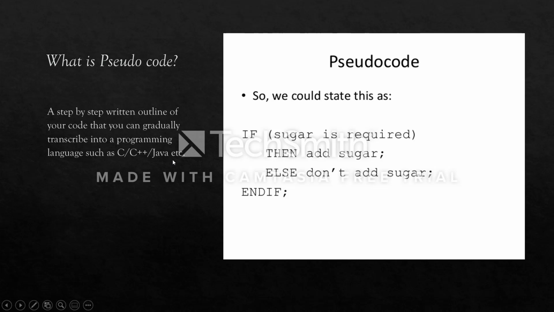What is a pseudocode? A pseudocode is a step-by-step written procedure to perform a given task or to solve a problem.